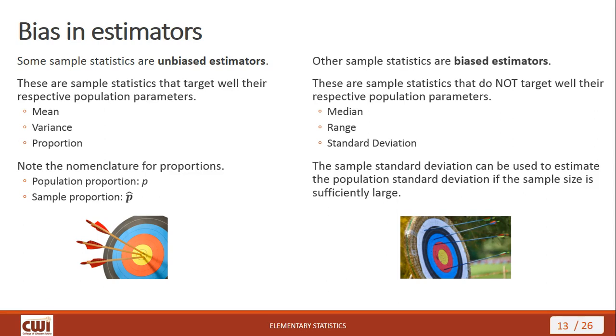We'll get to that a little bit later in the chapter, but for right now, all you really need to focus on is that, generally speaking, these sample statistics do not target well their respective population parameters, but we can make an adjustment to the sample standard deviation so that it does estimate well the population standard deviation.